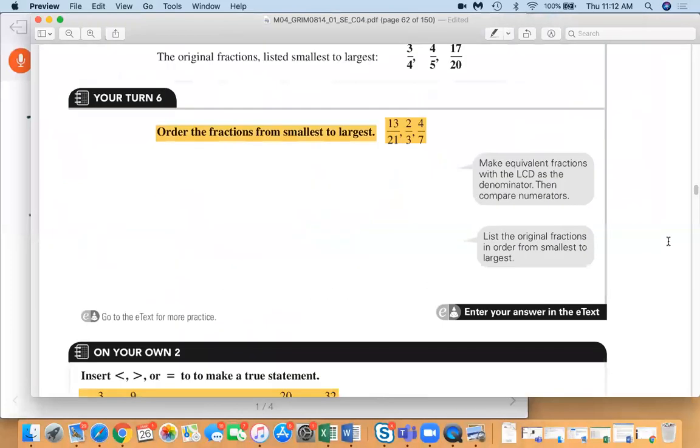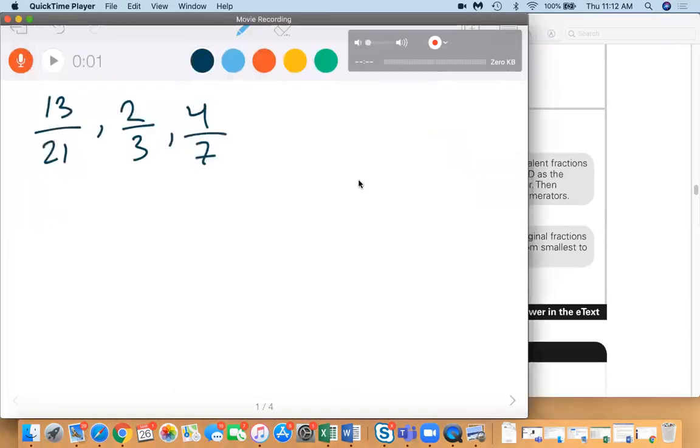Let's go through this one where we have to actually look at 3 fractions and order them. This one's a little bit more tedious, which is good. I'm sure you guys love that. We have 13 over 21, 2 over 3, and 4 over 7. Let me ask you this.